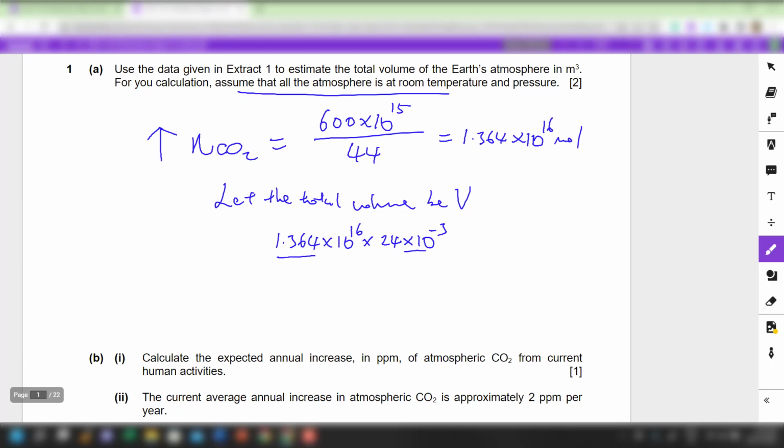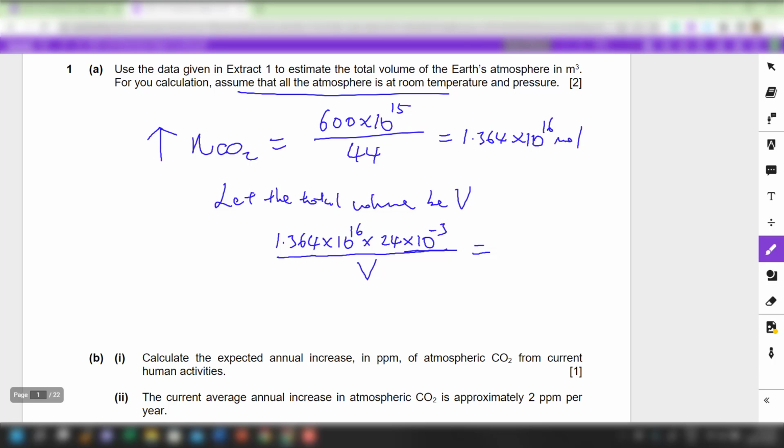And then we're going to divide this by the total volume, that is the Earth's atmosphere, because from this particular division, we are going to get 120 parts per million.